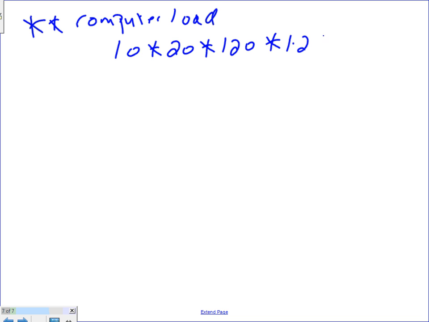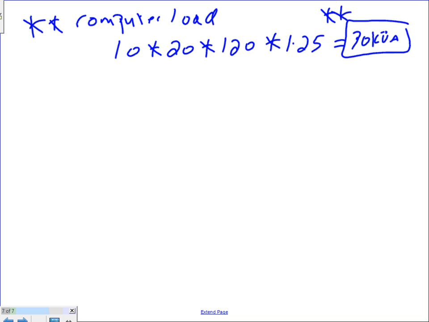So what do you get? 30 kVA. Don't highlight this one because I'm going to carry this. Did I do it right? I have 10 circuits, 20 amps each, 120 is the voltage, and I multiply by 1.25 because it's continuous. Equal 30, right?